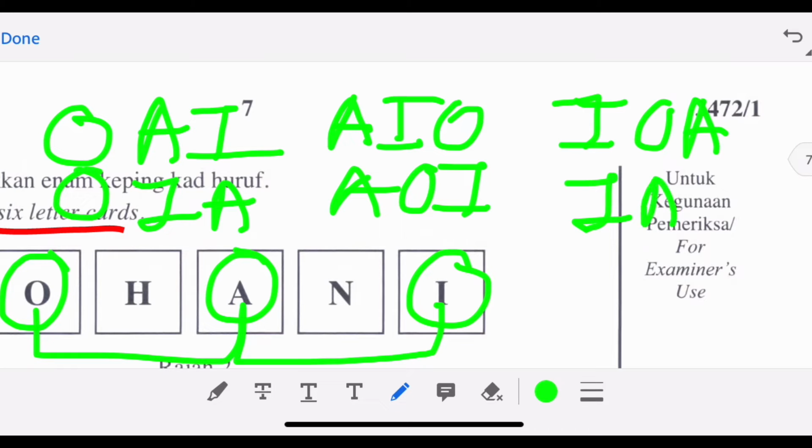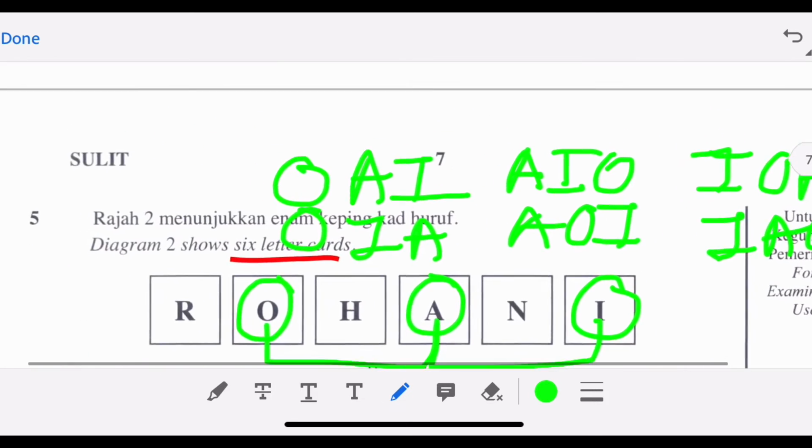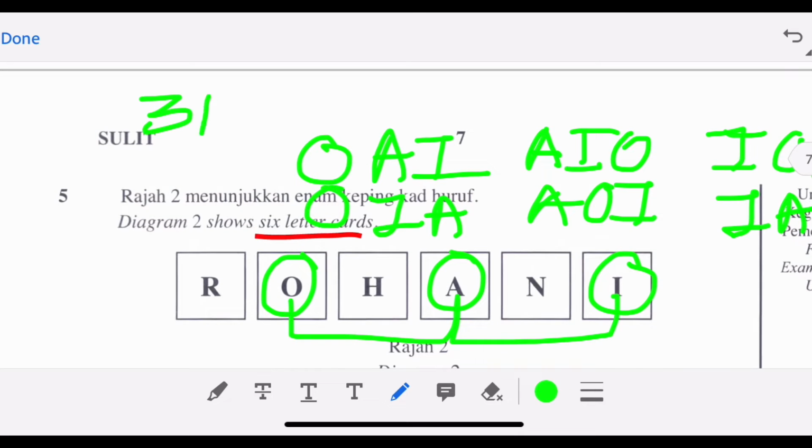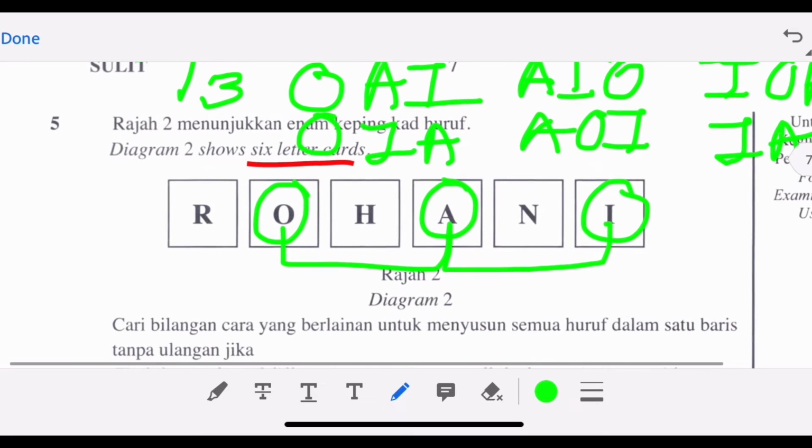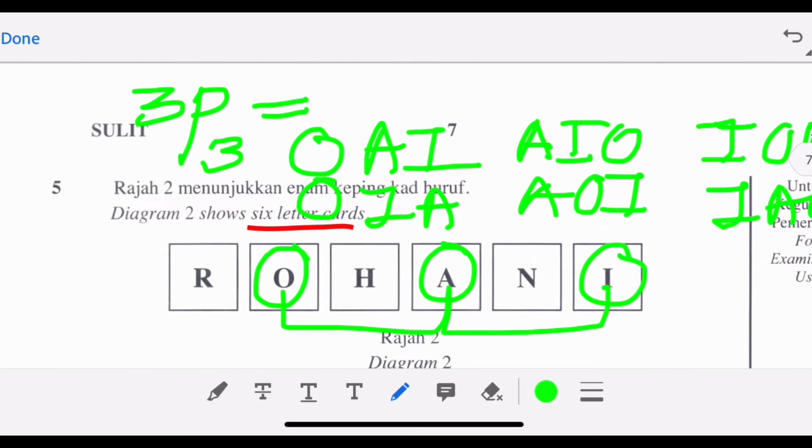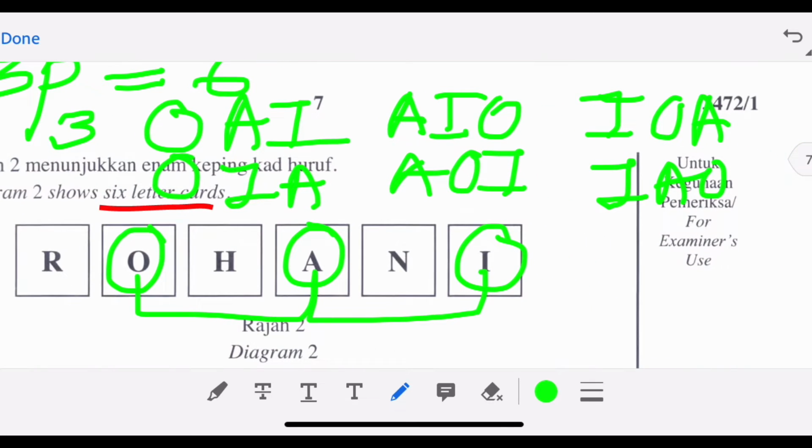IOA, IAO. So actually we are arranging 3 out of 3, which is 3P3, right? So there are 6 ways to arrange OAI, the vowels together.